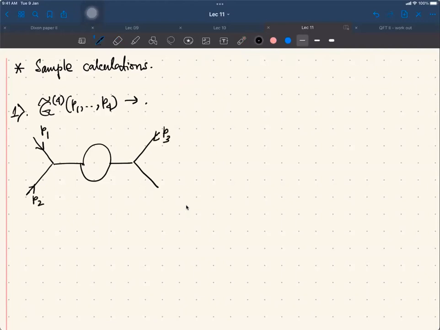P3, P4. And then the rule says, let me also write down the essential points of the rules here.